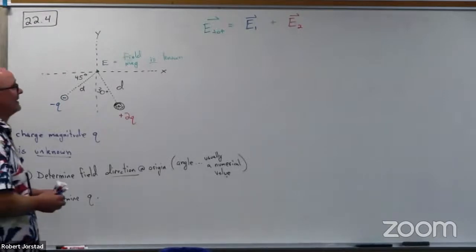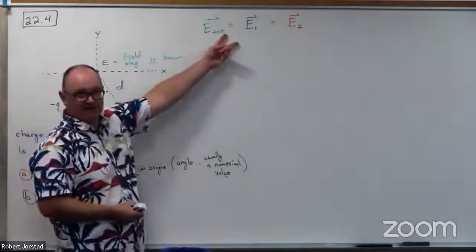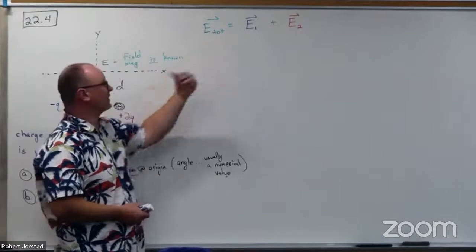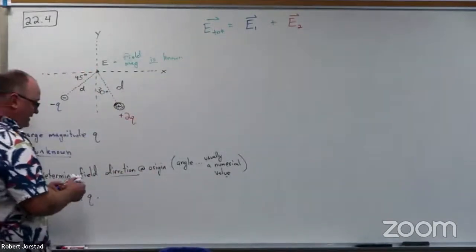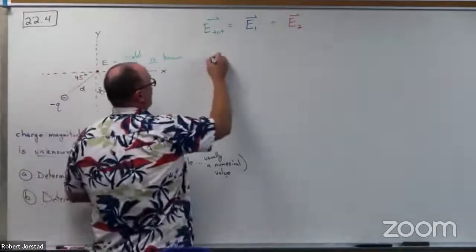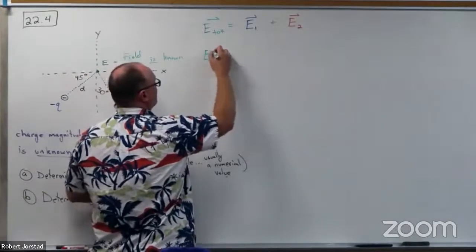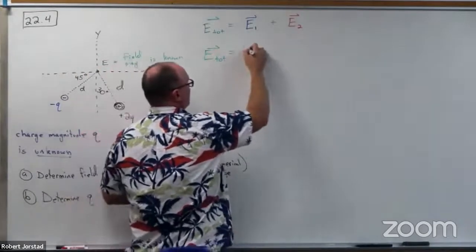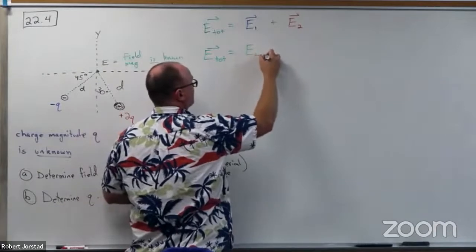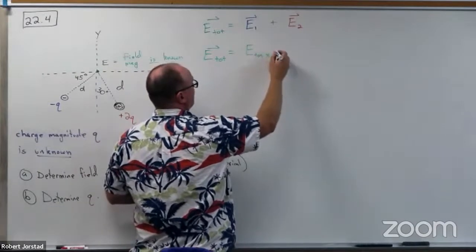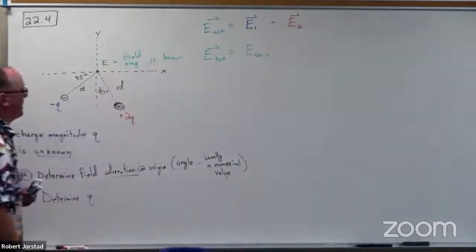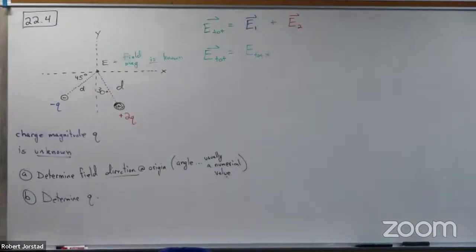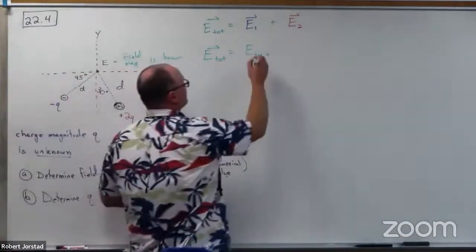Once we do that, we can take the magnitude of this equation and solve it for Q. Or we could also get, maybe you recognize this, E total is going to end up being some amount in the x. And I guess you could probably think it through whether it's going to be plus or minus I hat. But for now, let's just do this.